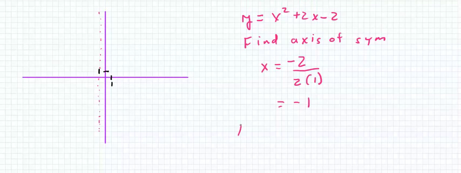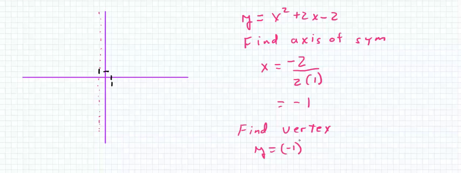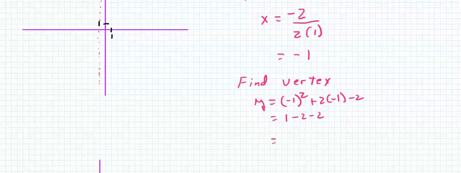So now we need to find the vertex. So we have y equals (-1) squared. You must use parentheses when you're squaring if it's a negative number. Plus 2 times -1 minus 2, or 1 minus 2 minus 2, which is -3.